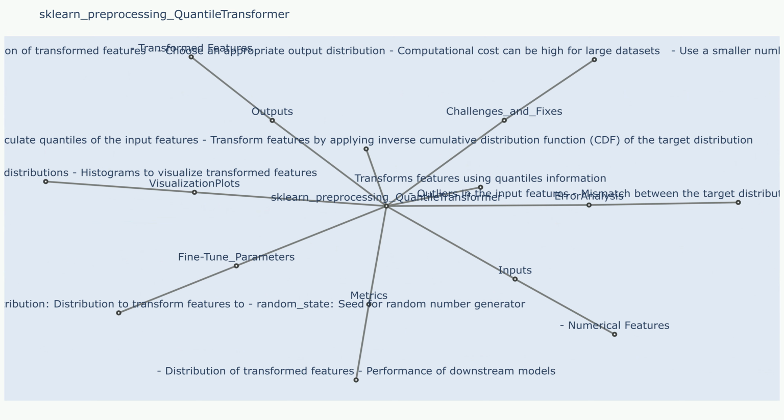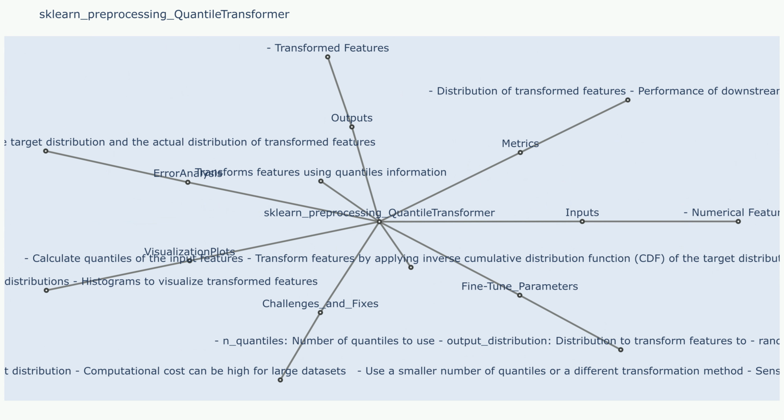Visualization plots: histogram plots comparing the histograms of the features before and after transformation can illustrate the change in distribution. Probability density plots: plotting the probability density functions of the features before and after transformation can further highlight the transformation's impact.